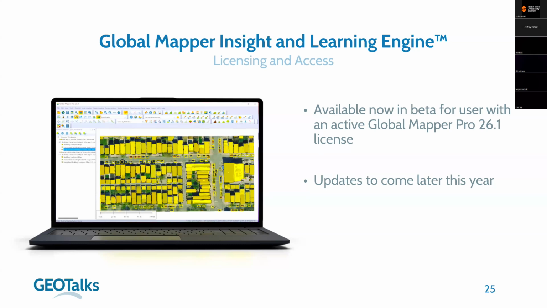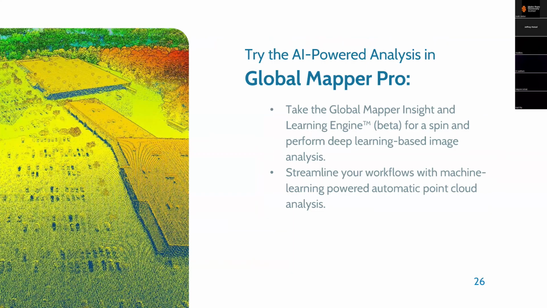I would be remiss if I didn't also mention Global Mapper really is a complete solution to the vast majority of geospatial workflows, whether we're talking point cloud, terrain, or imagery analysis.